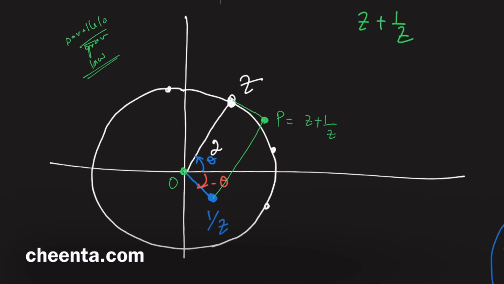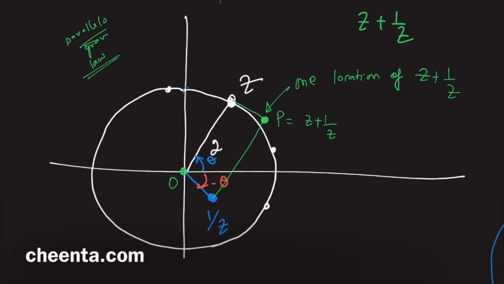So this is one location of z plus 1 over z. What we want to do is imagine all the locations of z plus 1 over z. How do we do it?